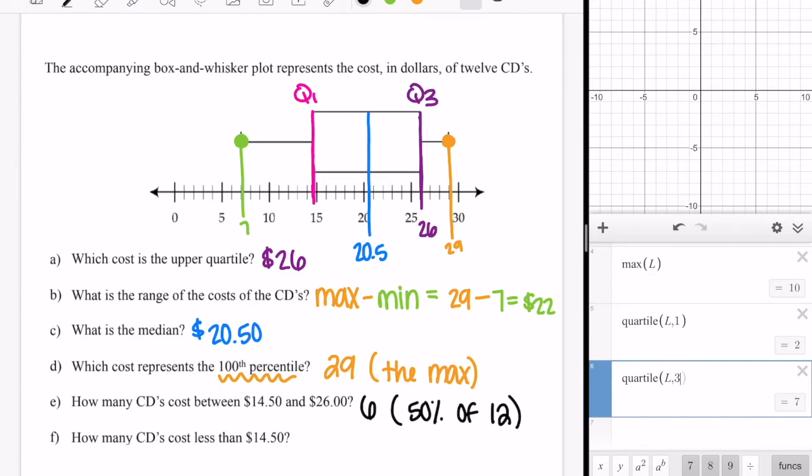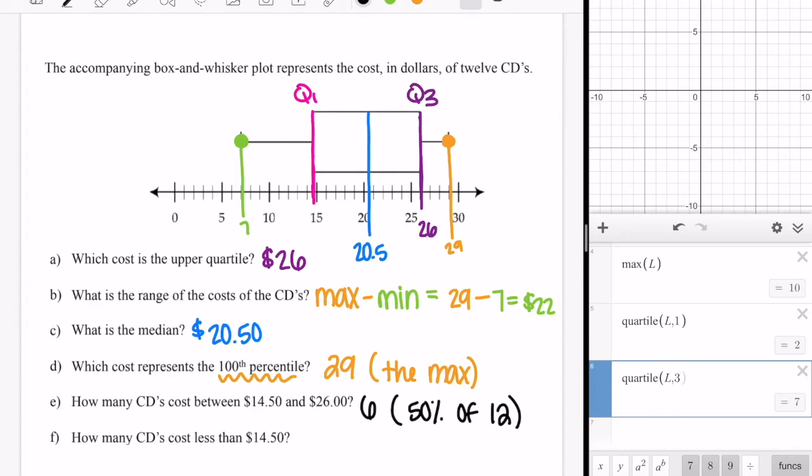Okay, so how many CDs cost less than $14.50? Again, we're at Q1 where $14.50 is. Less than that would give us the 25% right here. So 25% of the 12 CDs.